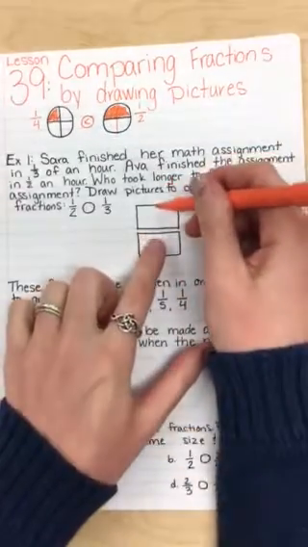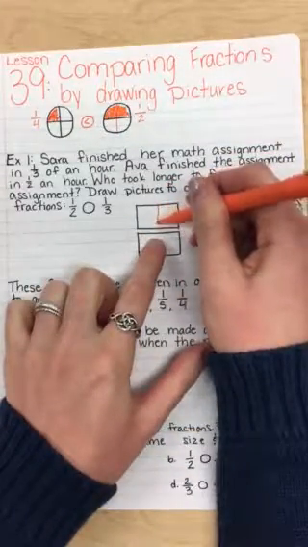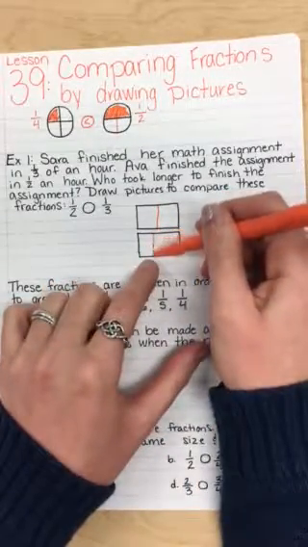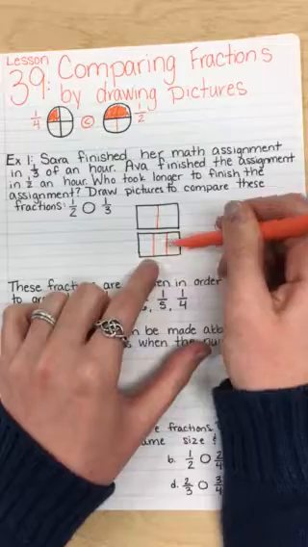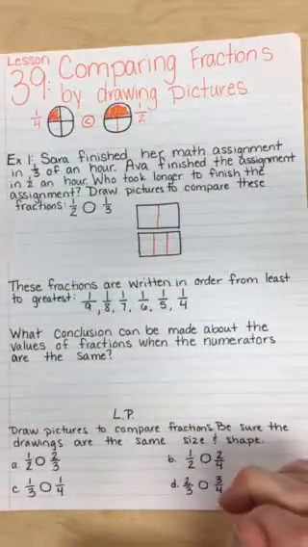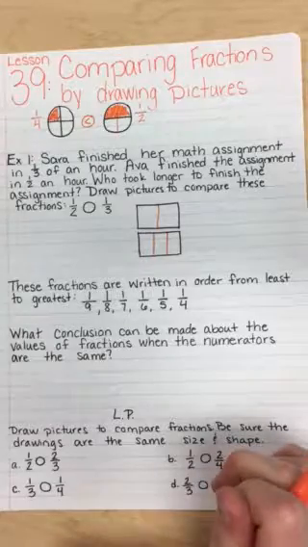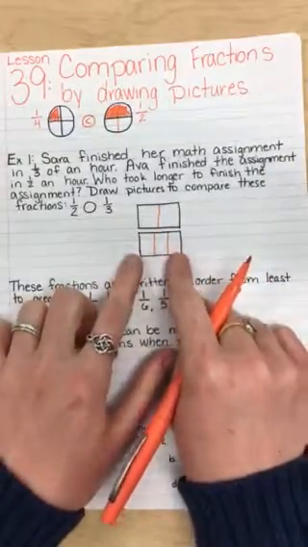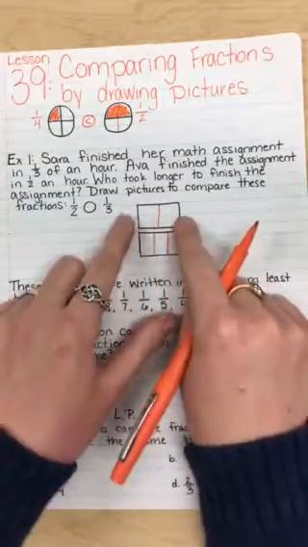Okay, so if I divide this rectangle in half and I divide this one in thirds, we will discover that if an object is divided into 3 parts, each part is smaller than if it's divided into 2 parts.